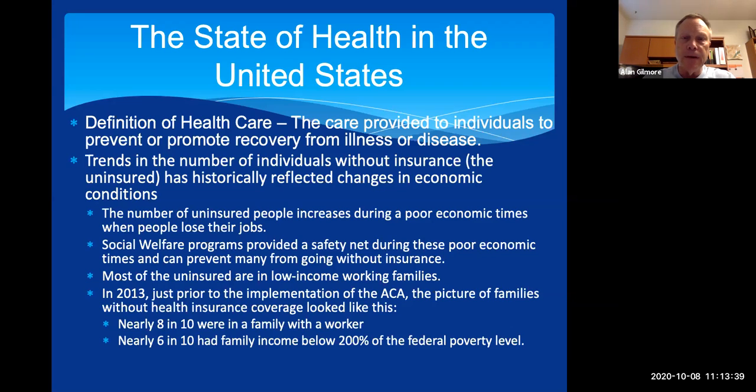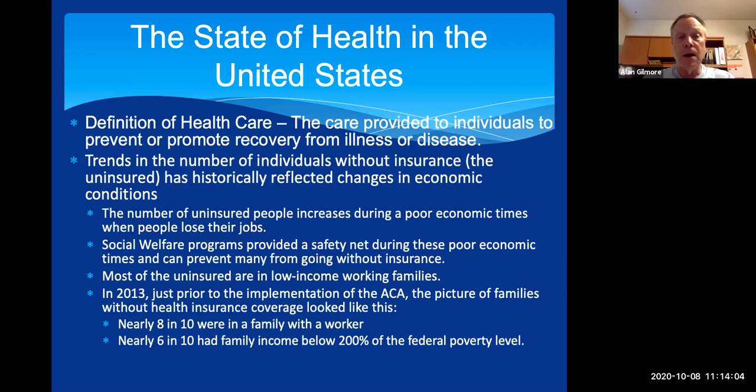Trends in the number of individuals without insurance, the uninsured, have historically reflected changes in economic conditions. In other words, when we are experiencing economic challenges as a country, that is often the point in time where we have a larger percentage of our population who are uninsured.